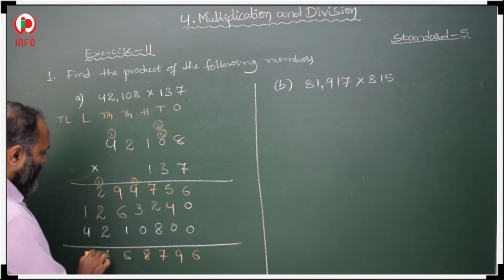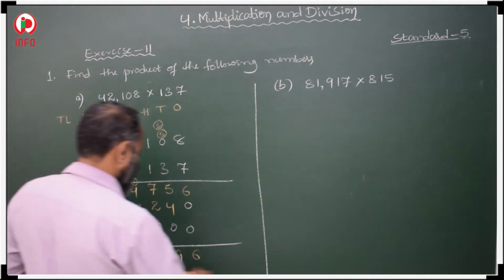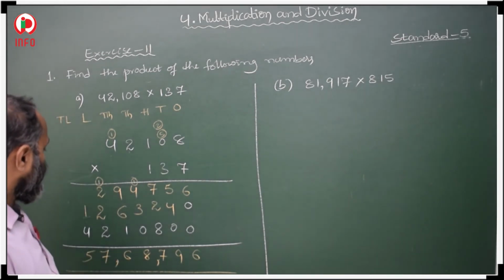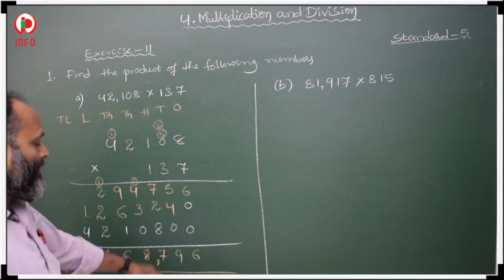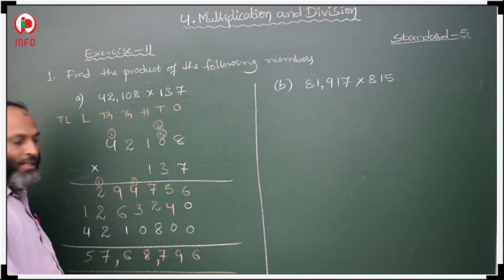Then 5. Okay, so this is our answer. And then commas: 57 lakhs 68,796. Okay, this is our answer.